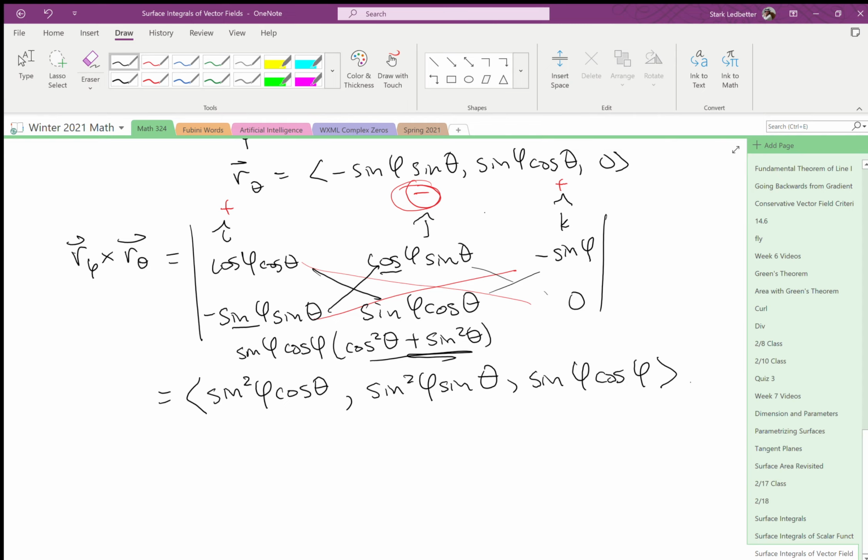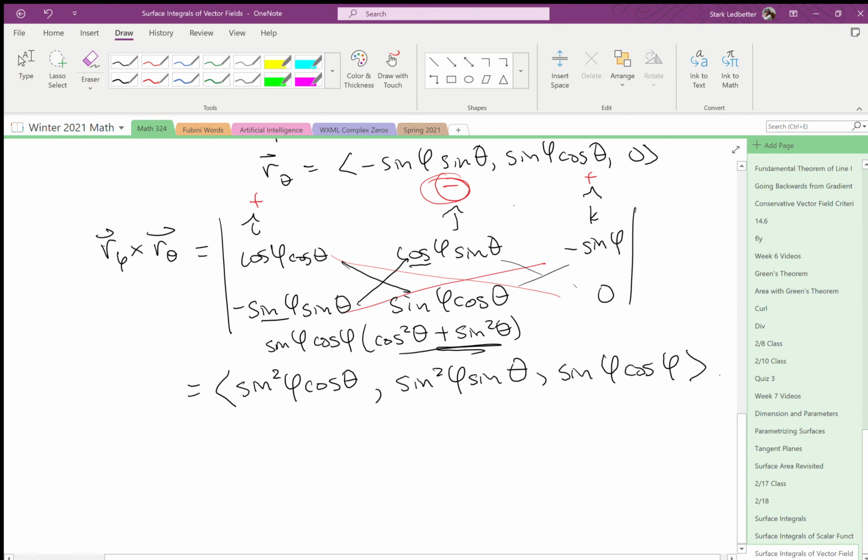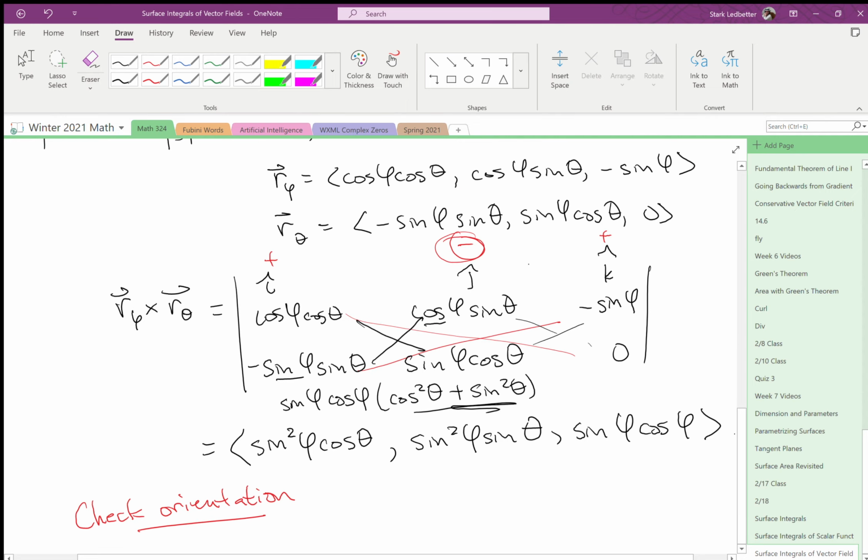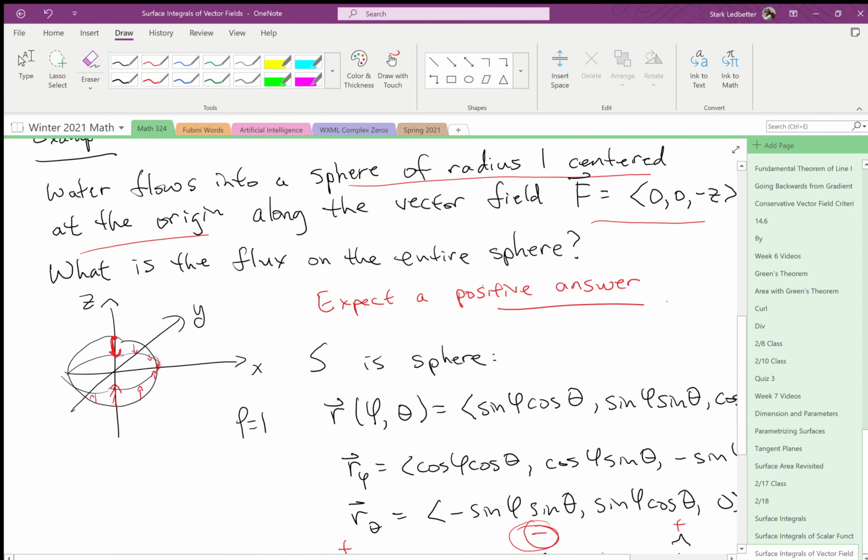Okay, so here's the vector, and the new thing we need to do, other than take a dot product and not take a magnitude, and other than the cosmetic differences of vector and scalar integrals, is check if we have the right orientation. So the problem might tell you explicitly what orientation you want, or you might have to figure it out.